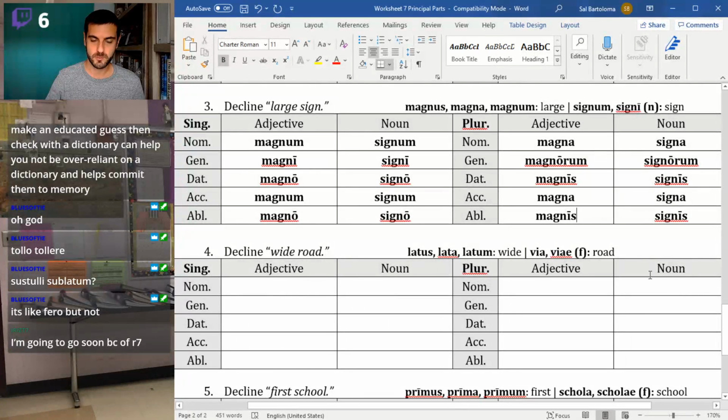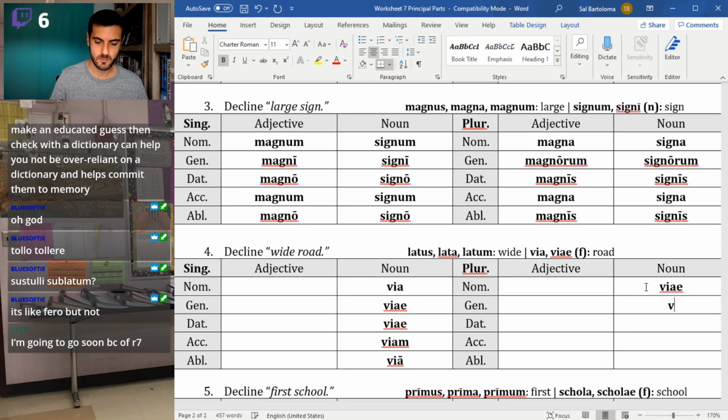Large, wide road rather. That's via. That's first declension. Via, viae, viae, viam, via, viae, viarum, viis, vias, viis. And because road is feminine, we're going to describe it as lata.